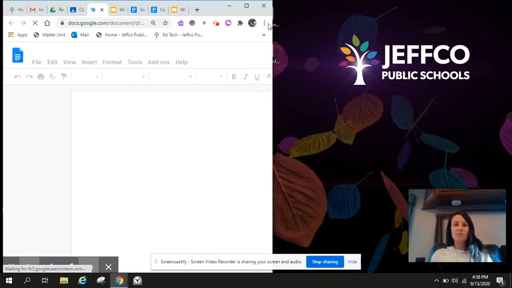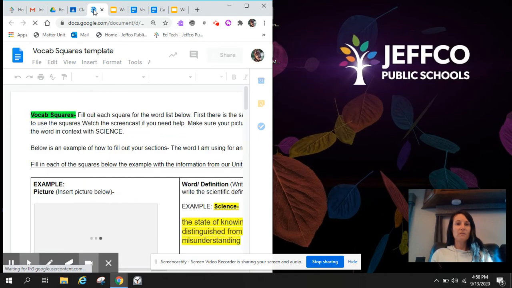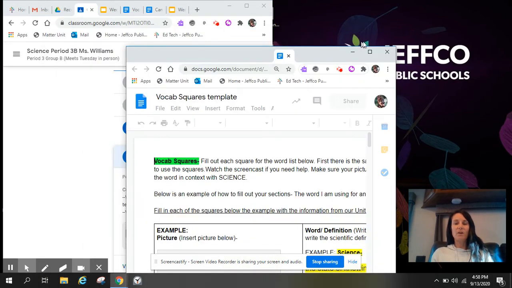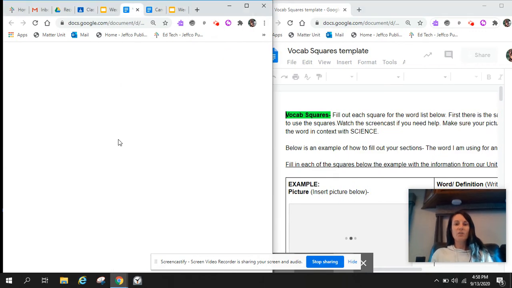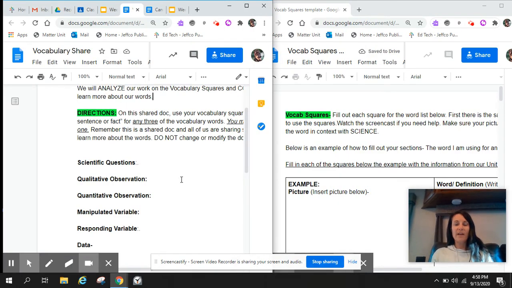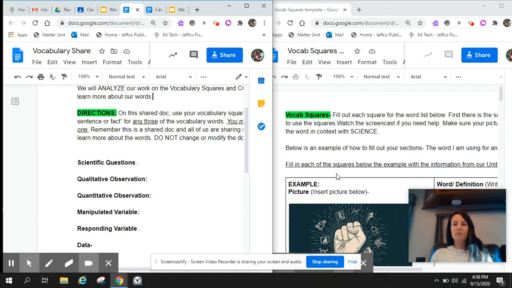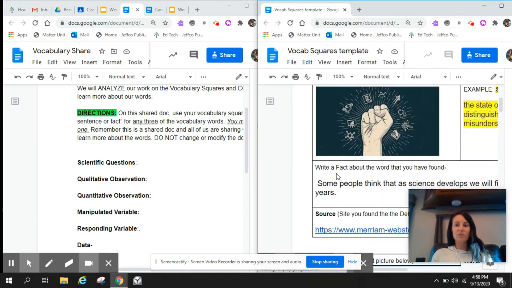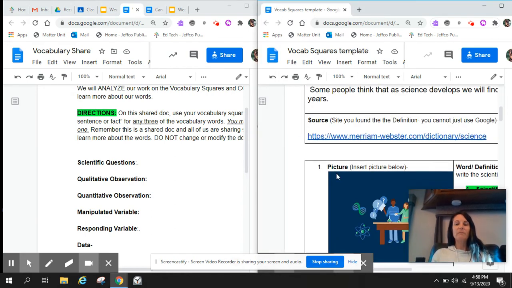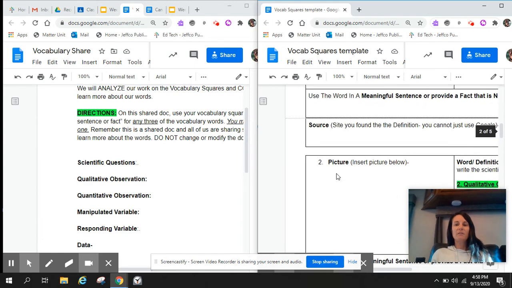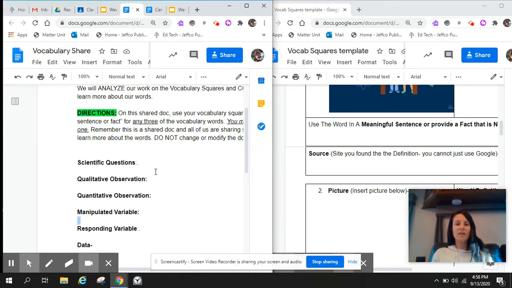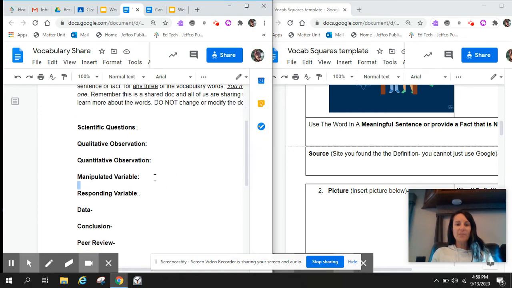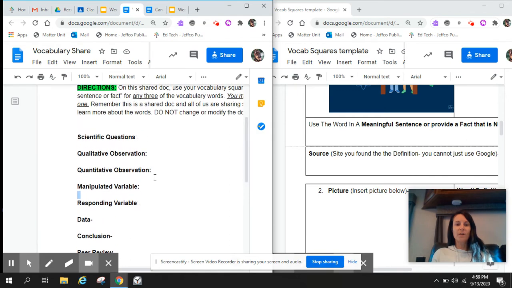And if you minimize one screen, you could pull a tab over so that while you're in the share, which is the assignment for right now, then you can actually be looking at this other document that you have completed. So you're going to pick whichever meaningful sentence or fact that you feel strongest about for 3 of the words. And then you're going to come to this document and you're going to type those in for each one.